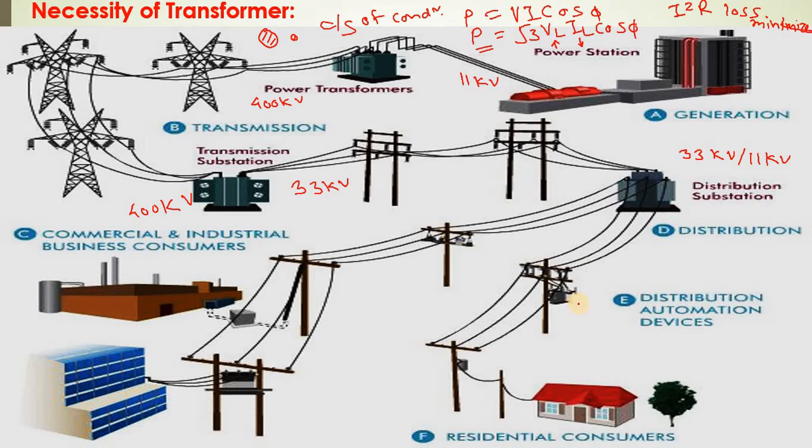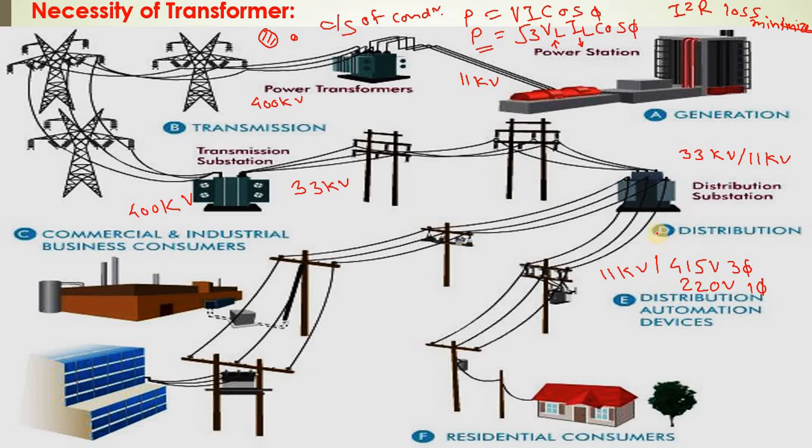Again there is one more transformer located near to the consumer end, and that will convert this 11 kV into 415 volt 3 phase. In single phase it will have 220 volt. So 220 volt is for residential consumers, and 415 volt 3 phase is for commercial or agricultural consumers.